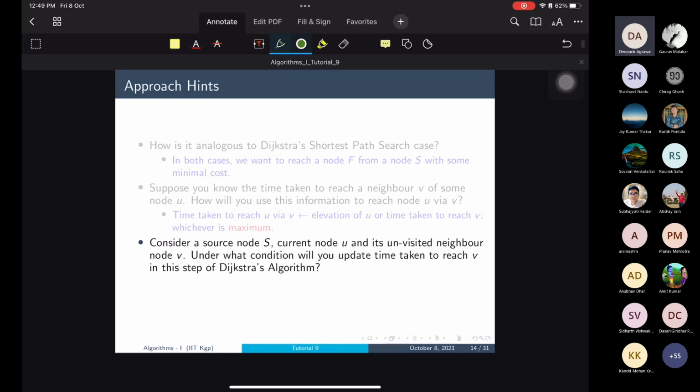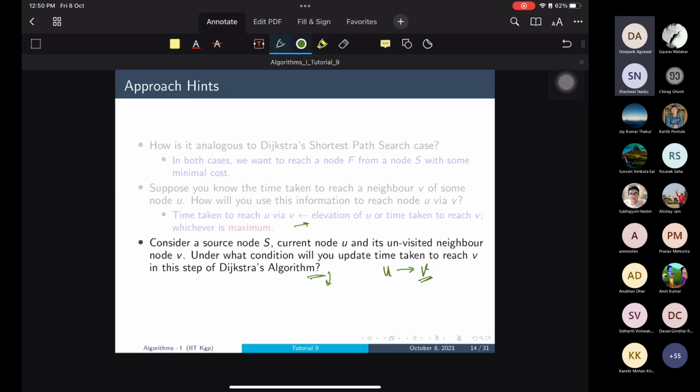When we are on the update step of Dijkstra algorithm, we are also moving from some visited node U to its neighbor node V. We want to update the distance for V. So how can you use this here? If the previous distance for V which was stored was greater than the new distance to V which we found, then we'll update it.